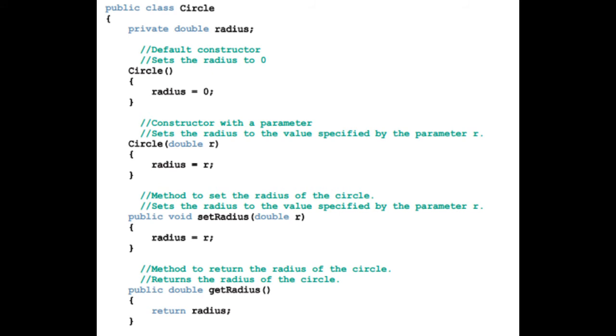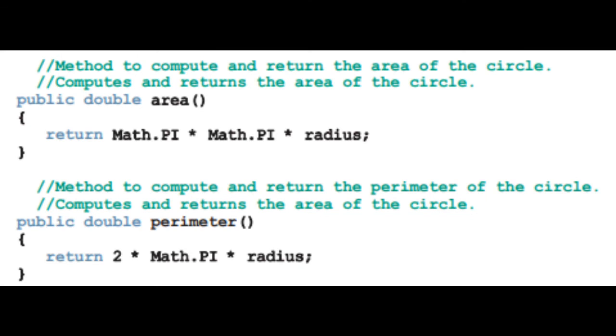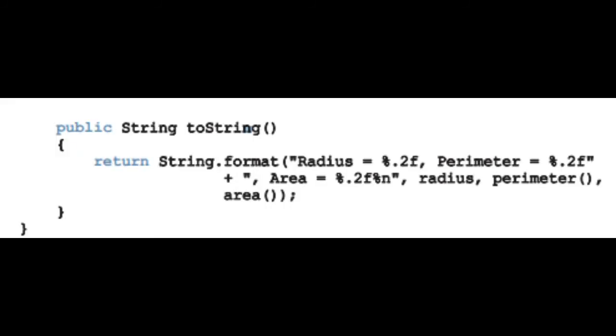A constructor with parameter, followed by the setRadius method and the getRadius method, the area method, which computes and returns the area of the circle, and the perimeter method, which computes and returns the perimeter of the circle. And then we have the toString method. We leave the UML class diagram of this class Circle as an exercise for you.